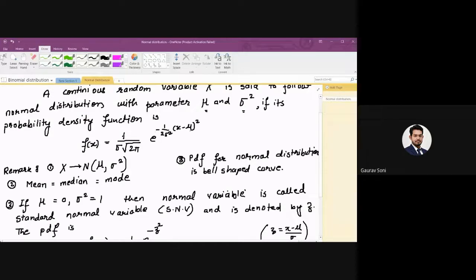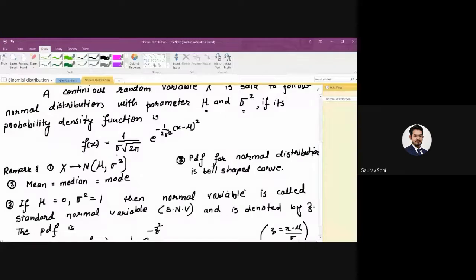So e raised to any number, whether positive or negative, is always going to be greater than 0. Standard deviation, is it always positive? Yes, sir, it is 0 or positive. Why?